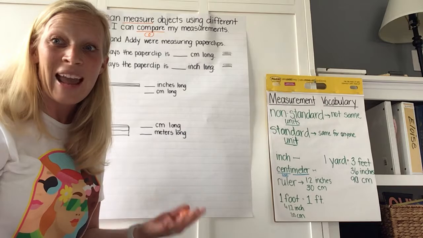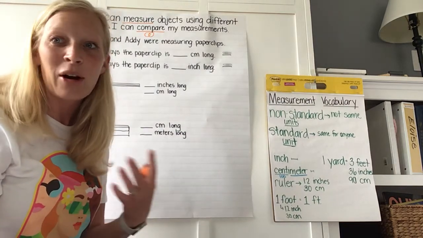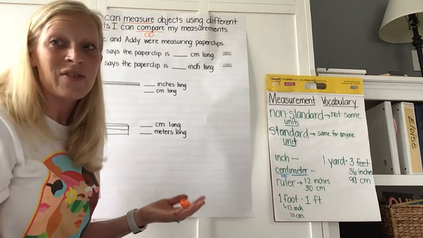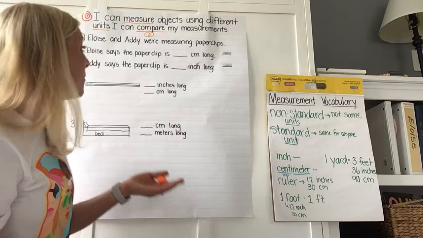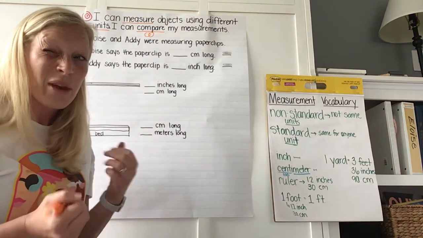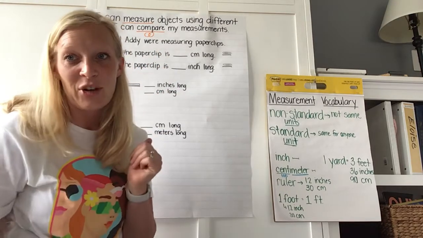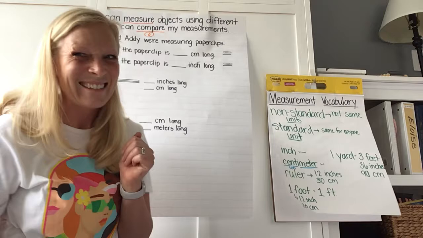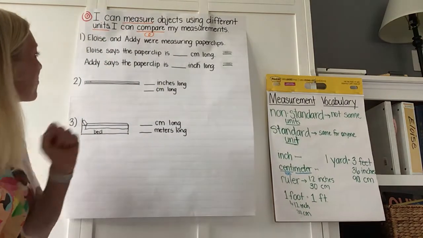Well, when we compare numbers, compare lengths, compare measurements, all we're doing is finding out what's similar and then what's different, okay? So we're going to be comparing our measurements today with those different units. This unit and this unit, how are they similar and how are they different? Excited, right? Me too. Let's take a peek at our first problem.